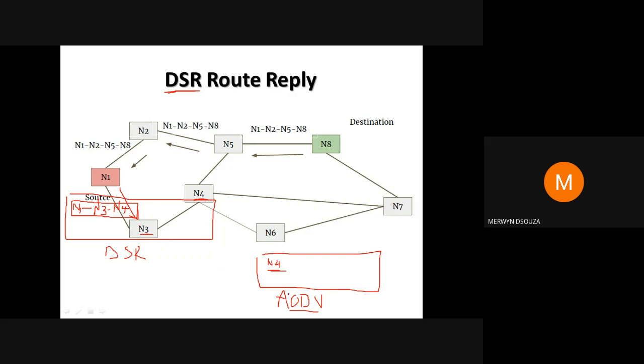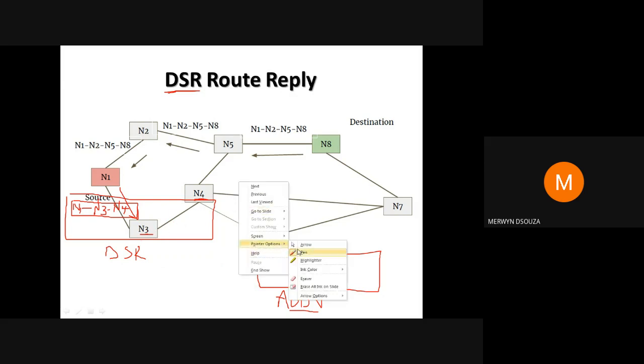That is the major difference between DSR and AODV. In DSR, the entire path is mentioned, so the intermediate nodes don't do any calculation, but in AODV they do. You just mention the destination and forward it along the correct path. Then it is the intermediate node's responsibility to continue forwarding the packet onward.